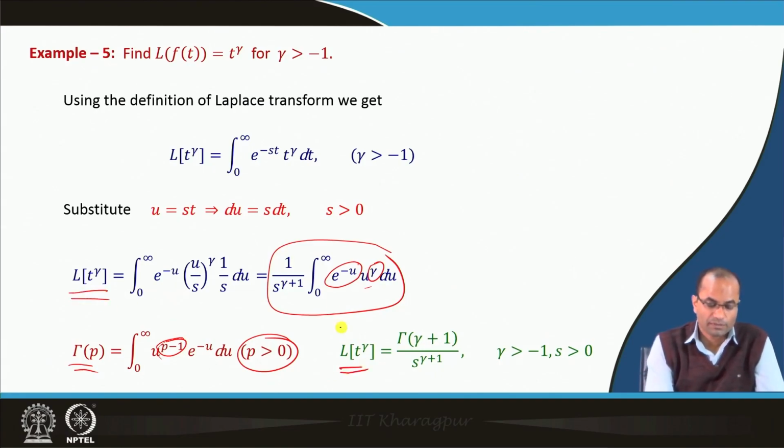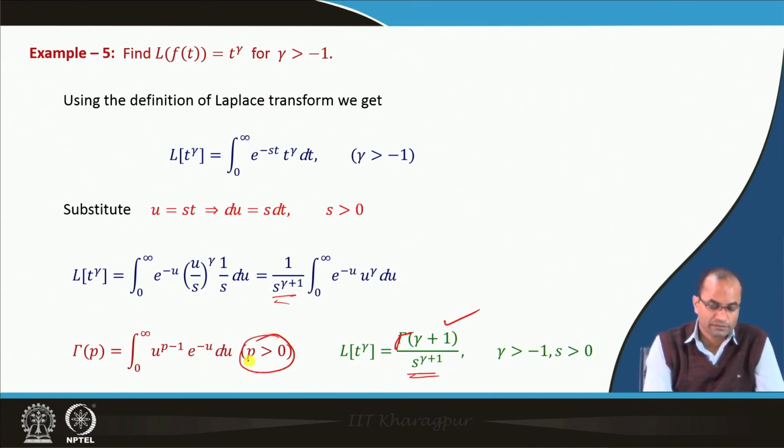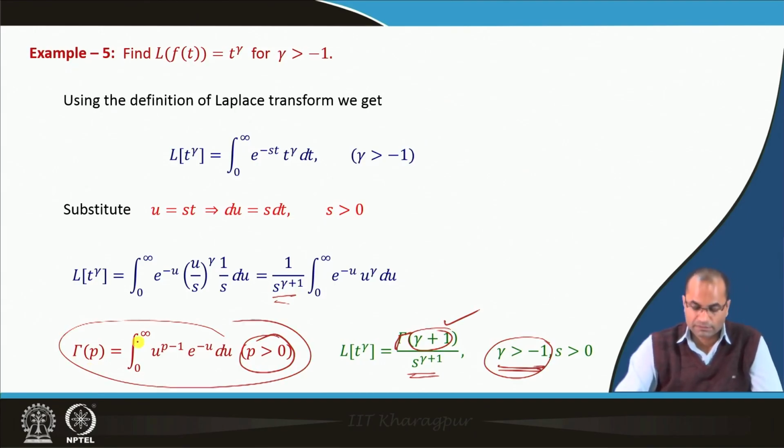Laplace of t power gamma, and this integral here is the gamma function of gamma plus 1, and then s power gamma plus 1 was already there. As per the restriction p greater than 0, that means gamma plus 1 must be greater than 0, that means gamma must be greater than minus 1 for the convergence of this gamma integral.